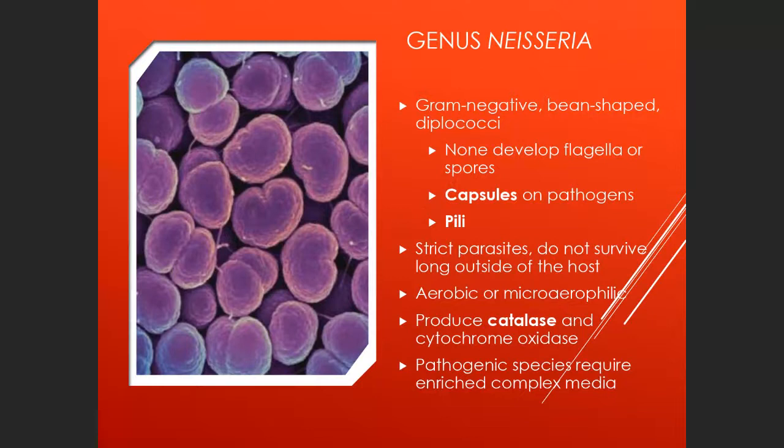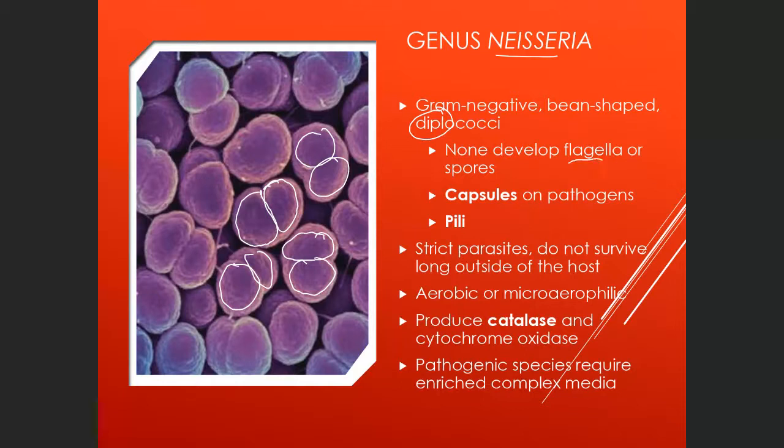So again, Neisseria, you see this one? It consists of two round bacteria that combine together to make this diplococcus. Okay, so bean shape diplococcus, two round bacteria that arrange together.